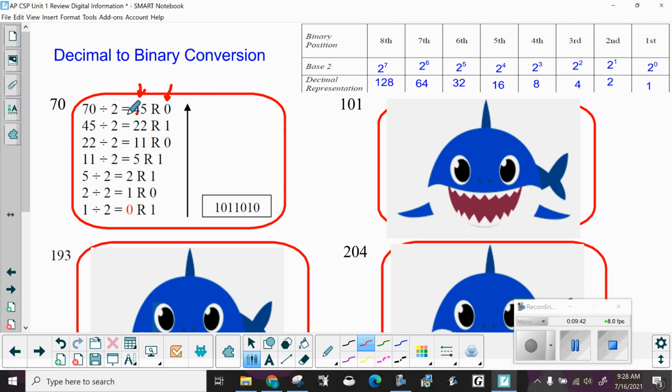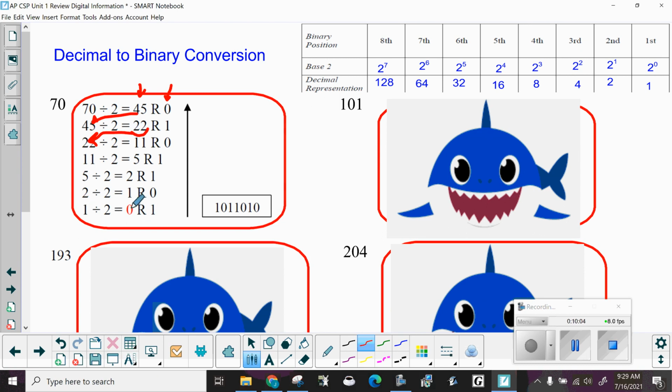Then we take 35 and divide it by 2 and write down that it goes in 17 times with a remainder of 1. Then we just take the 17 and we divide it by 2, and we continue until we get down to the fact that 2 will not go into 1.